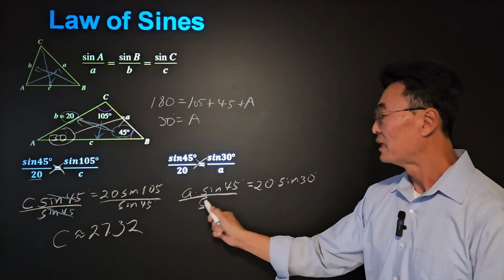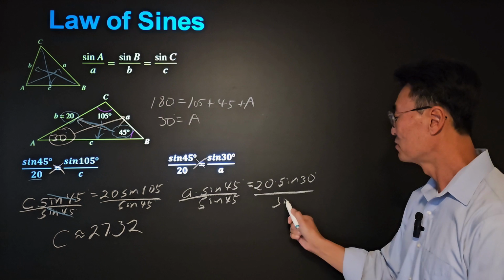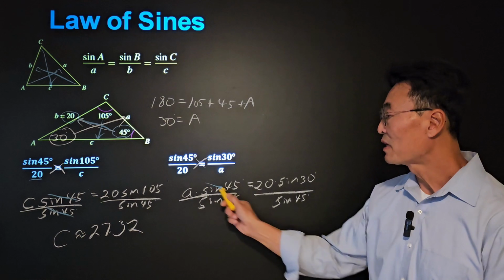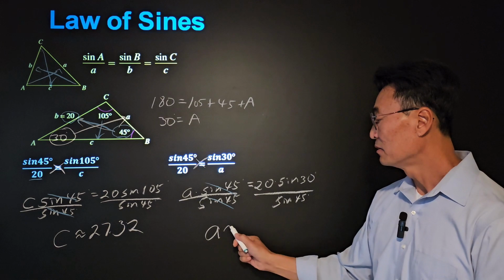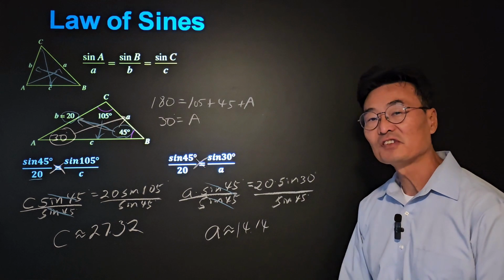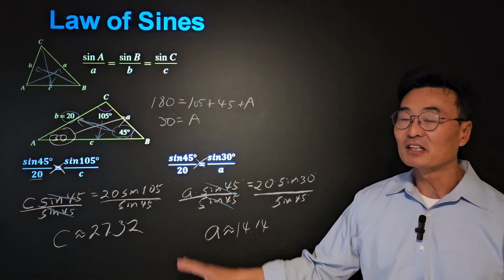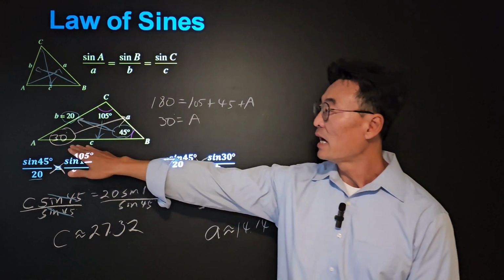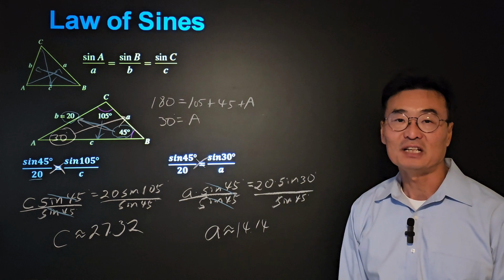We'll divide both sides by sine of 45 and cross out the sine of 45, where we have a approximately equals 14.14, once again rounded off to 2 decimal places. So this is a basic example of a triangle that is not a right triangle, where we don't have all the angles or sides, where the law of sines comes in handy.